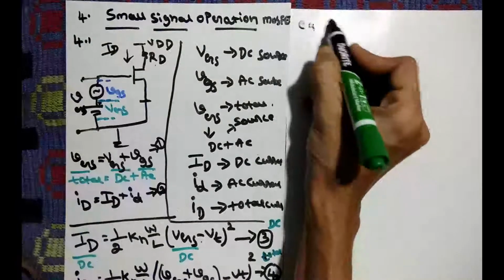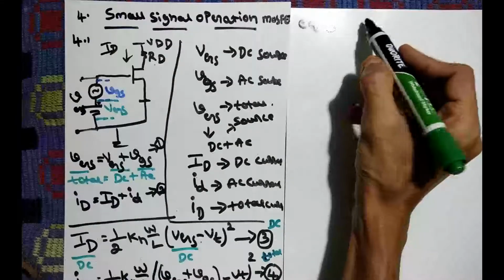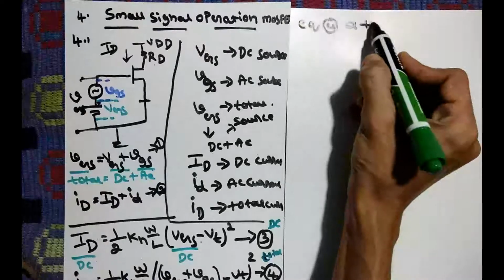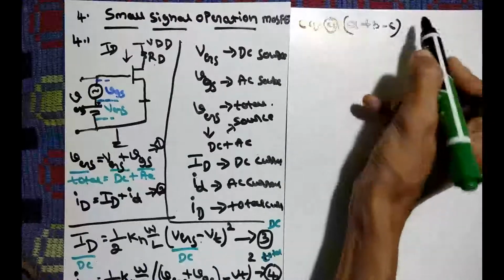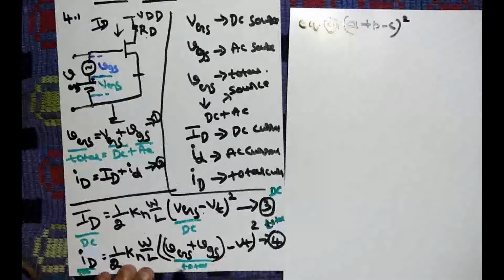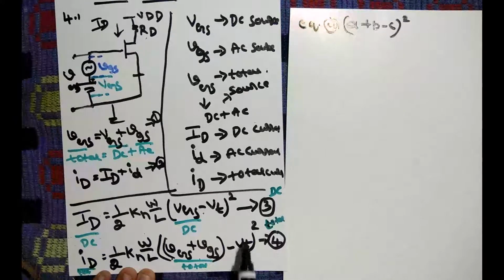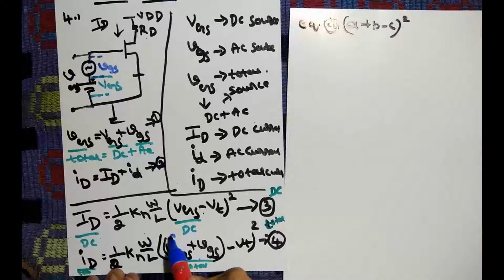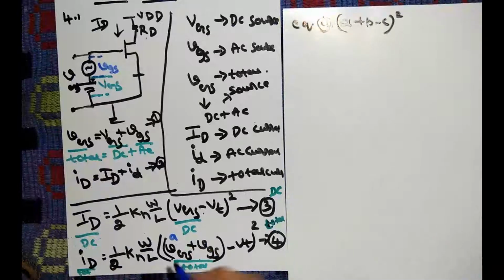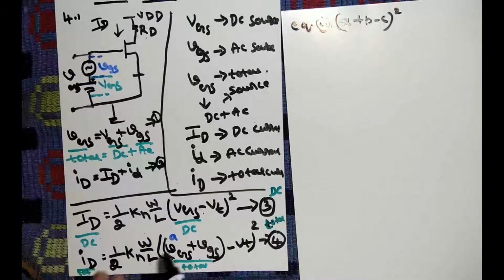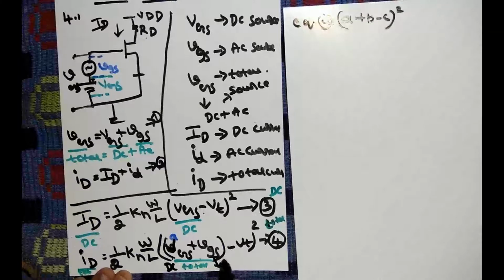In equation 4, we can apply the formula A plus B minus C whole square. So if you see here, it is VGS plus small vgs minus VT whole square. Sorry, this one you have to take as DC, so make it capital V. Correct it: this is actually the DC version, and this is the AC version.